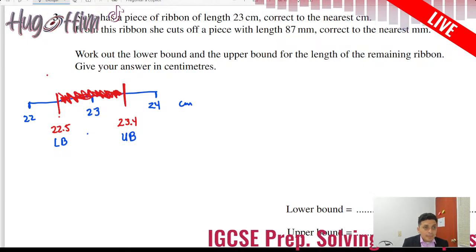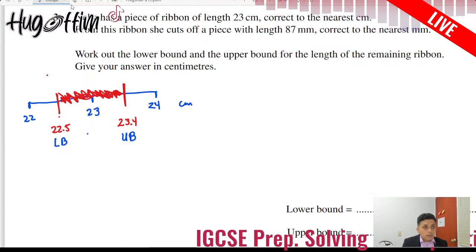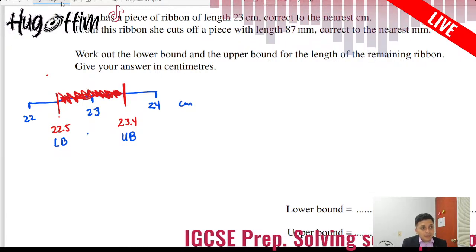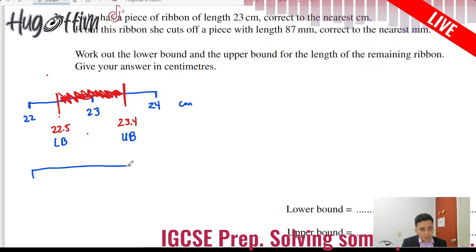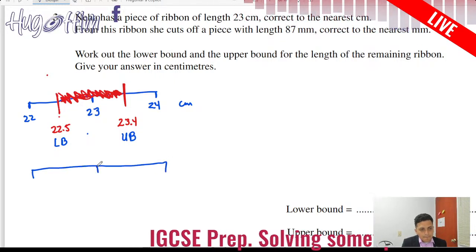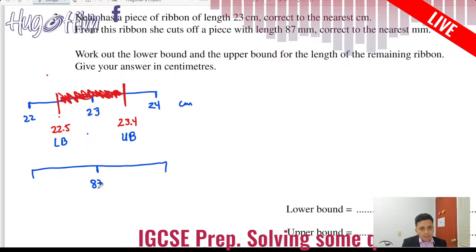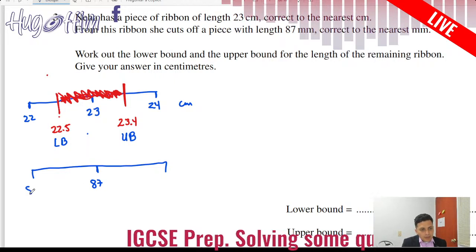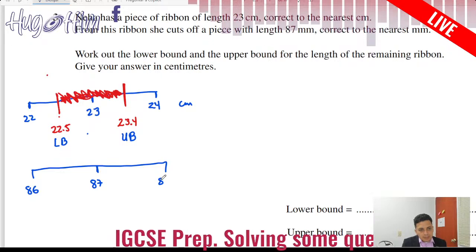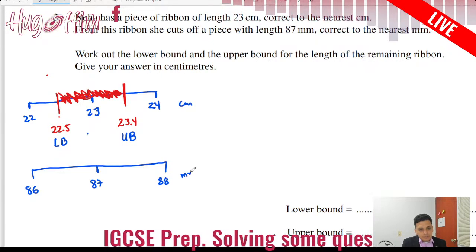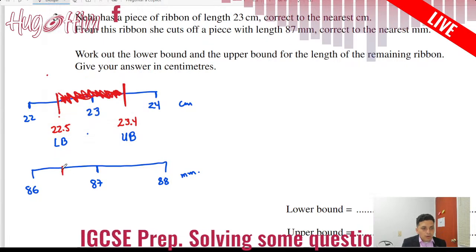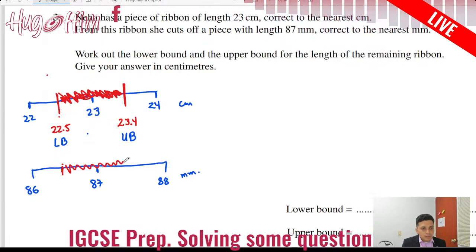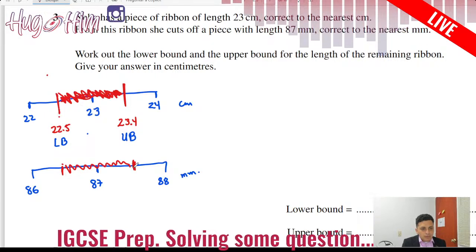And then the other number is 87 millimeters. So I'm going to put it in millimeters here: 87 millimeters. So here will be 86 millimeters, 88 millimeters. So the lower bound of the number is here, and the upper bound of the number is here.